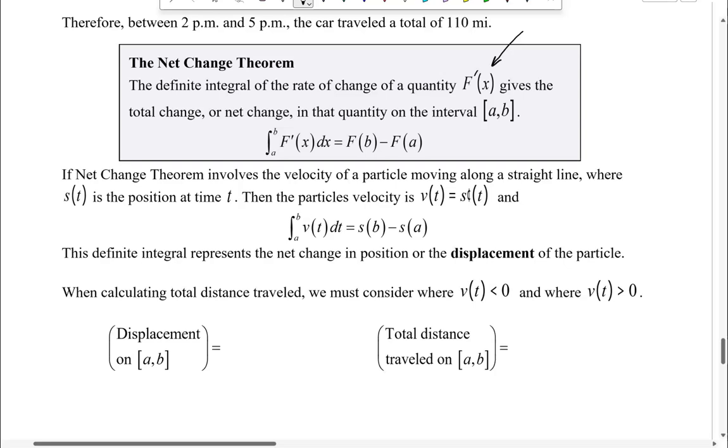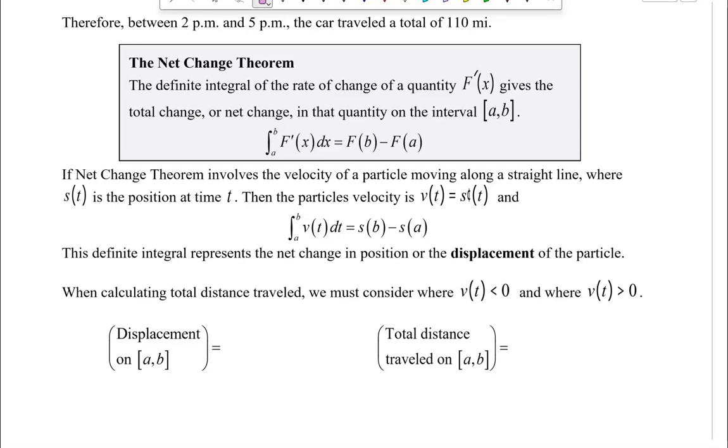Okay, so the definite integral of the rate of change of a quantity, think of that as our velocity from the example above, gives the total change or net change in the quantity on the interval a b. So basically what we're saying is if you integrate the velocity function, then we're going to get the displacement that we saw above. Okay, so good news is this is just the fundamental theorem of calculus again.